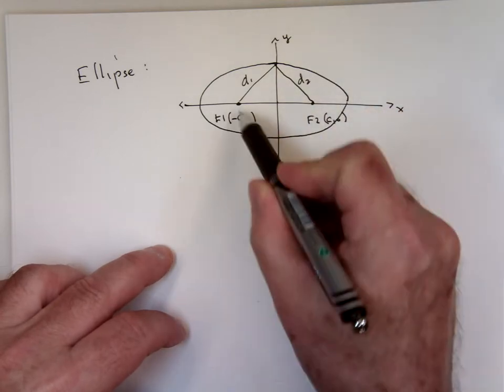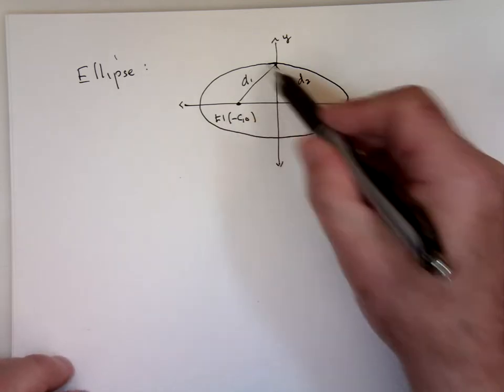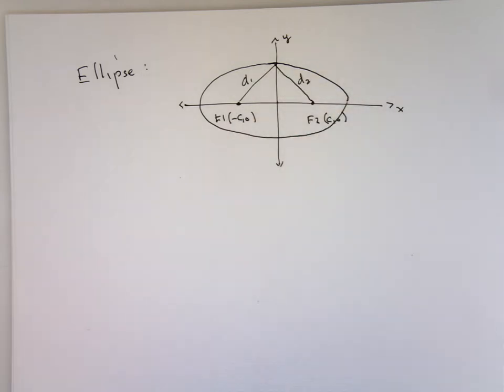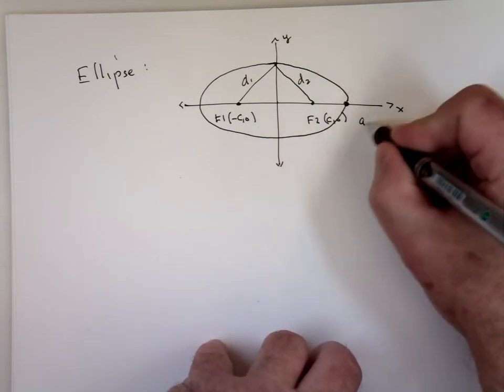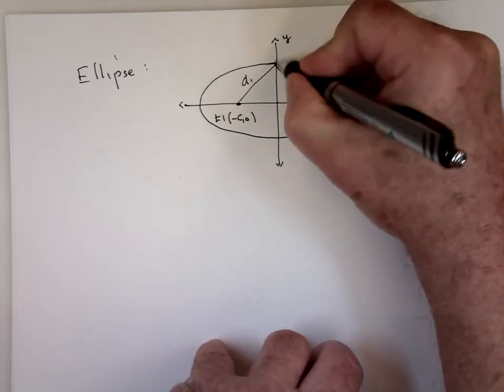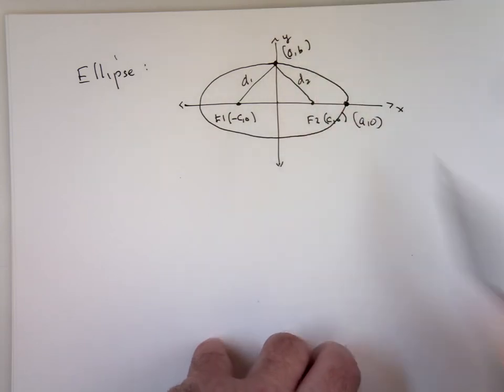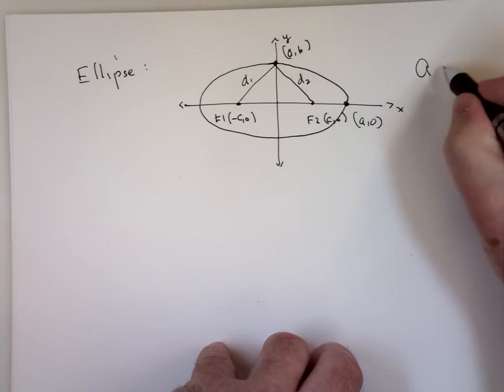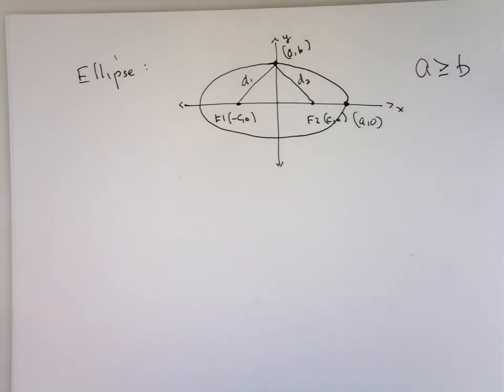Okay, and we can take any 2 points at all. The sum is a constant. D1 plus D2 is our constant. Here, we're going to call this (a, 0) and (0, b). A is greater than or equal to B. If A equals B, we have a circle, a special case of the ellipse.